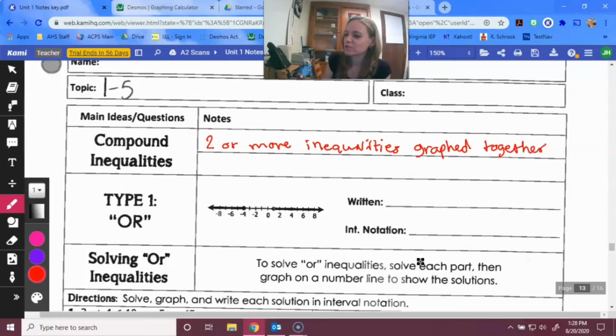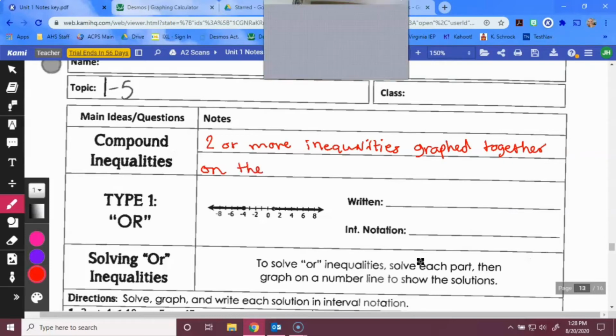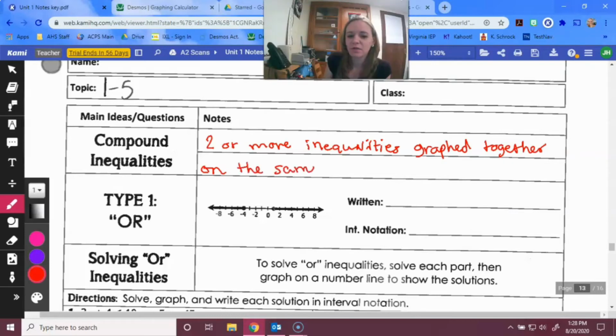Two or more inequalities graphed together on the same number line. Like this example right here, we have everything less than or equal to -4, and everything greater than 1, from what it looks like.